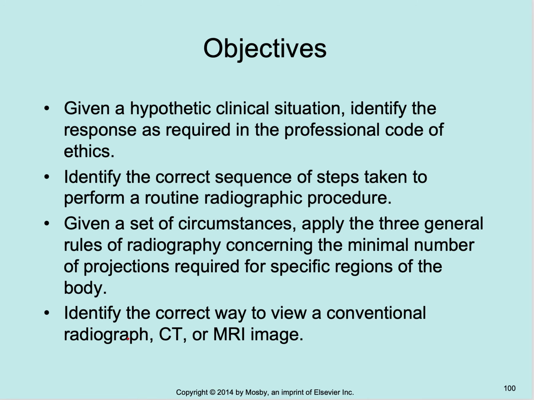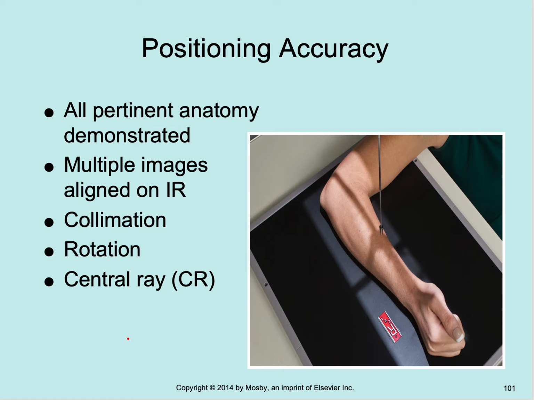So, objectives. Here we are going to hypothetical clinical situations, identify responses, identify correct sequence of steps. Given a set of circumstances, apply general rules of radiography, and then identify the correct way to view the radiograph, CT, or MRI.